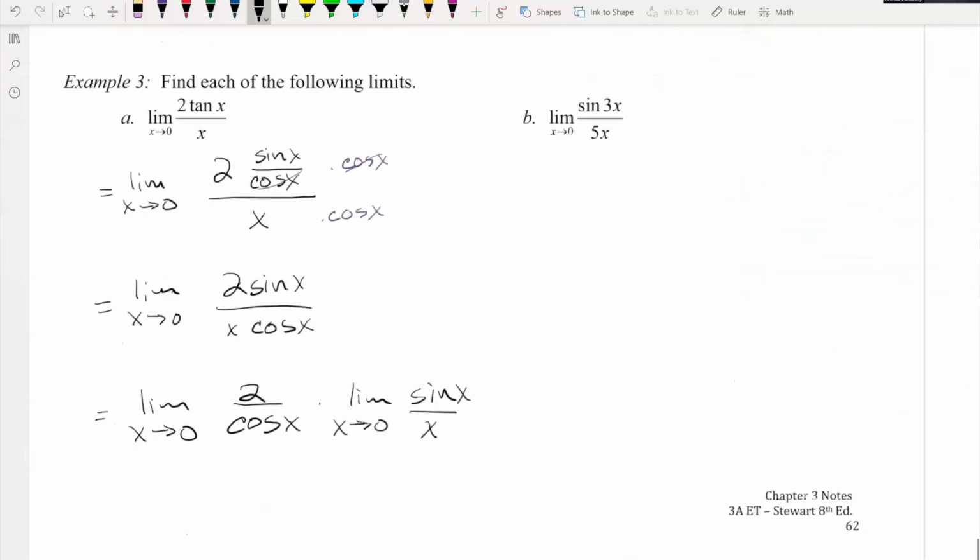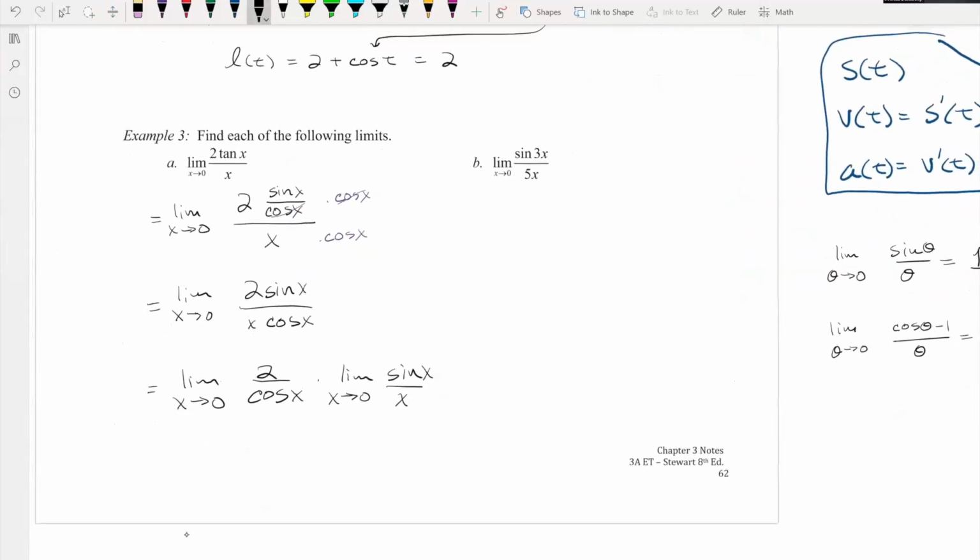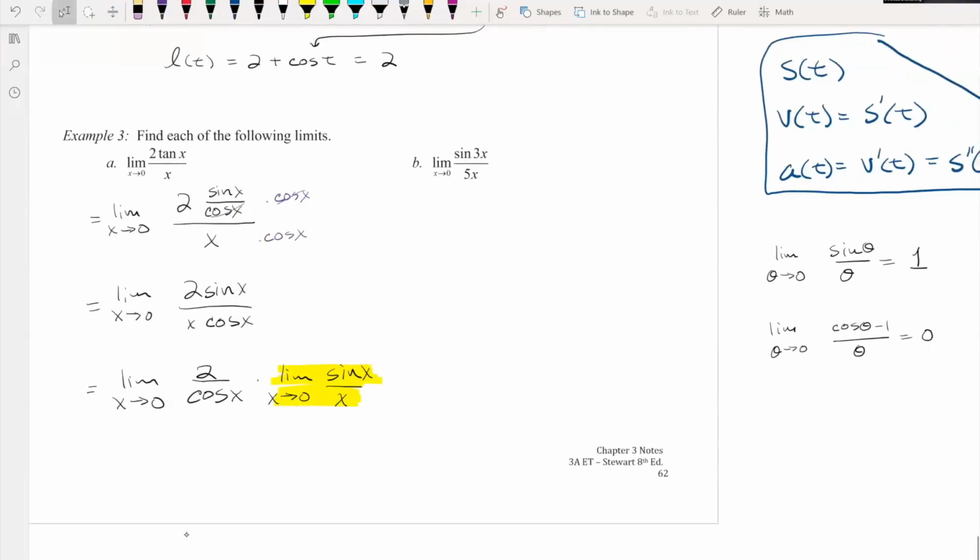And the reason I split it up that way is because this limit in yellow, we know what that is, right? It's over there. So we know that's 1. And this other limit, we can do direct substitution because we can say 2 over the cosine of 0. We know that the cosine of 0 is 1.